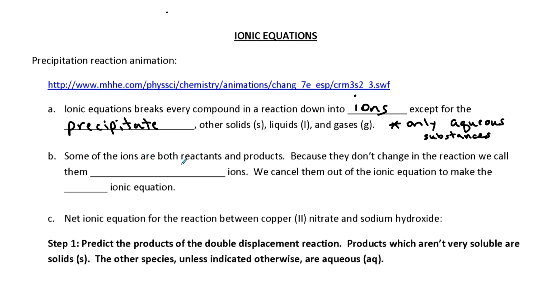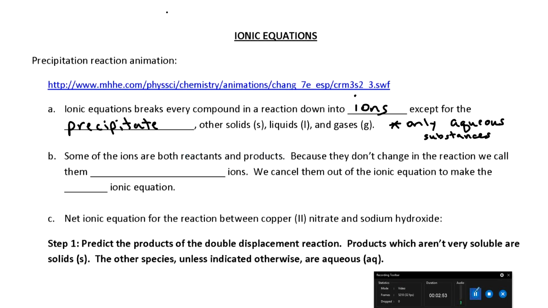Once you break them down, you'll see some of the ions as both reactants and products, on both the left-hand side and the right-hand side. Because they don't change in the reaction, and you see them identically on the left and right sides, we call those unchanged ions spectator ions. They're like spectators, just watching the reaction happen.